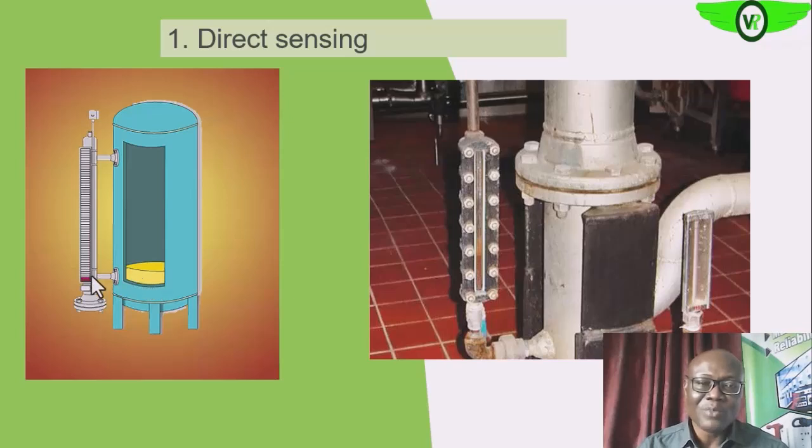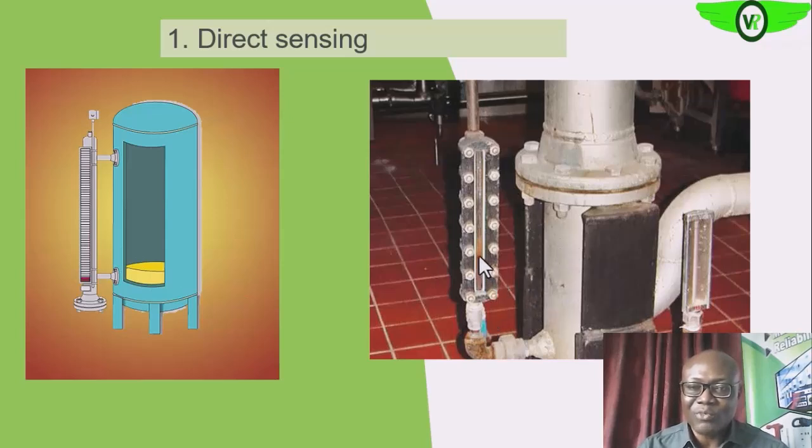That will mean that this level indicator, its position will give us a direct reading of the position of the fluid in the vessel. That is what we are seeing here.